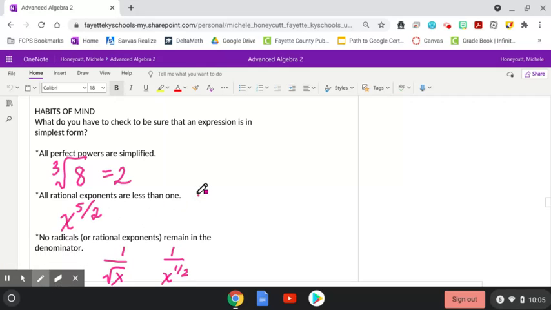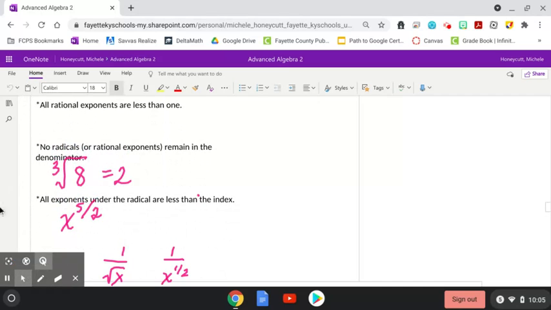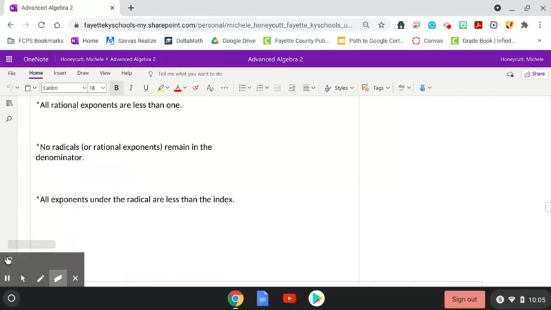And then I think there's one more. Scroll down. Yes, let's clear that ink though. All exponents under the radical are less than the index. So what that means, let's say I have a cubed root of x to the fourth, y squared, z to the fifth.